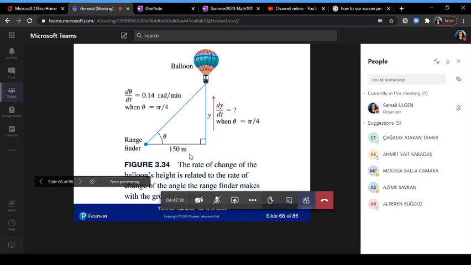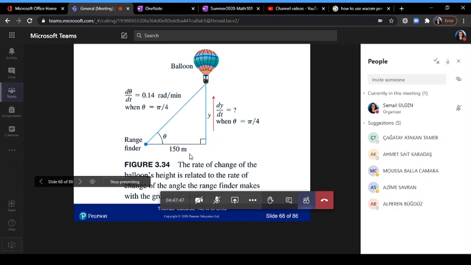So tangent theta equals y over 150 is a good relationship. We set it up and take the derivatives of both sides with respect to t. The derivative of tangent is secant squared theta times d theta/dt. This is the chain rule we use. It's equal to dy/dt over 150.